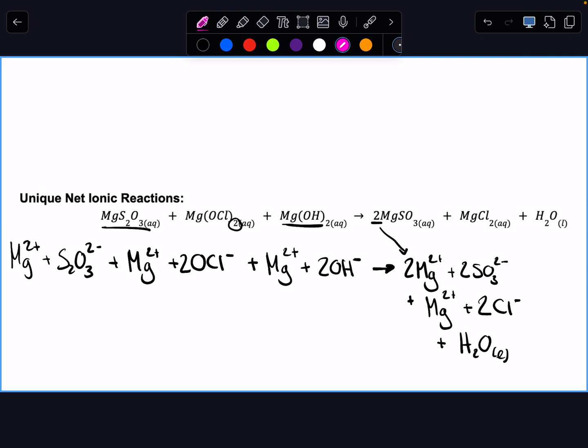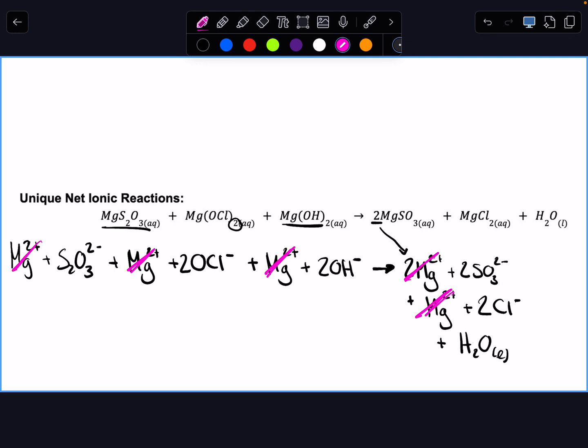The left side has 1, 2, 3, and the right side has 1, 2, 3, so they can all cancel away. So magnesium is spectating this party. Because it's on the left, it's just floating around, and on the right, still just floating around.